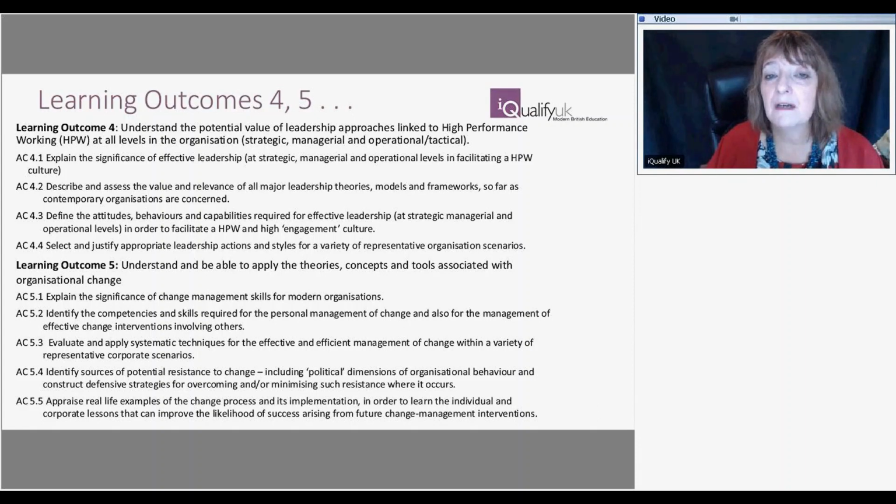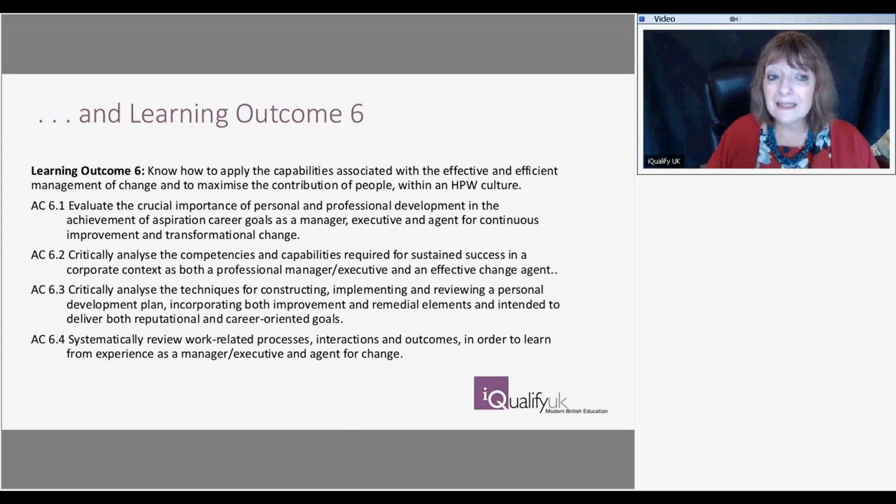Which brings us to learning outcome 6, which is know how to apply the capabilities associated with the effective and efficient management of change and to maximise the contribution of people within HPW culture.